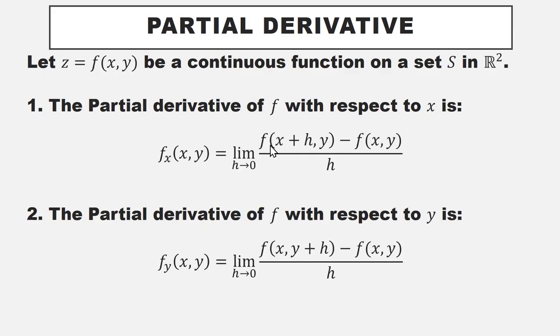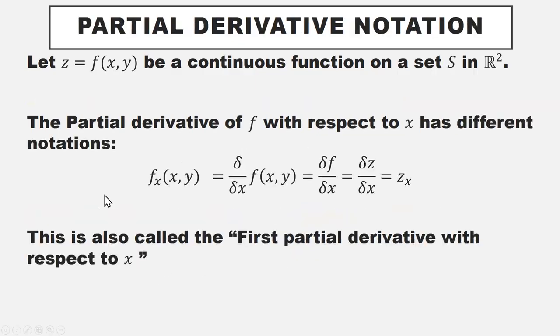We just let x be our variable that we're changing. That becomes the partial derivative of f with respect to x. When we take the partial derivative of f with respect to y, we let the y value change. Now, notationally, I already said f sub x is the partial derivative with respect to x. F sub y is the partial derivative with respect to y.